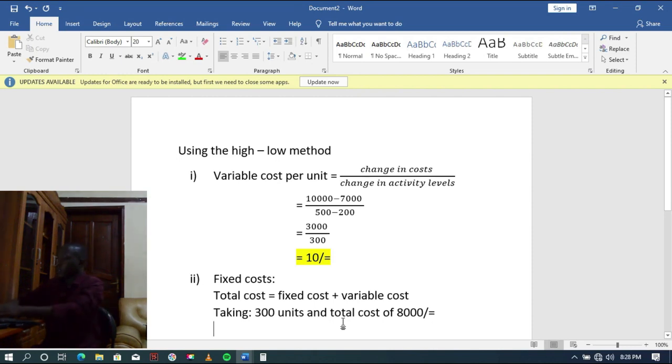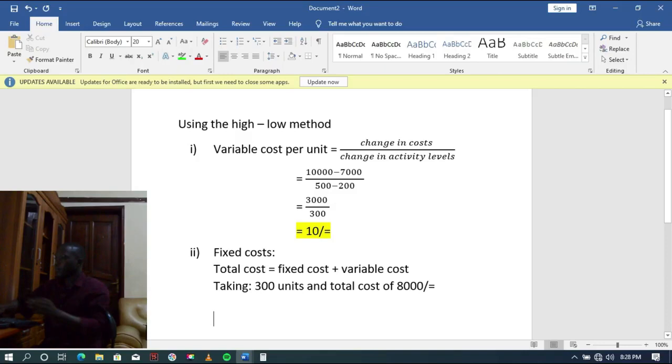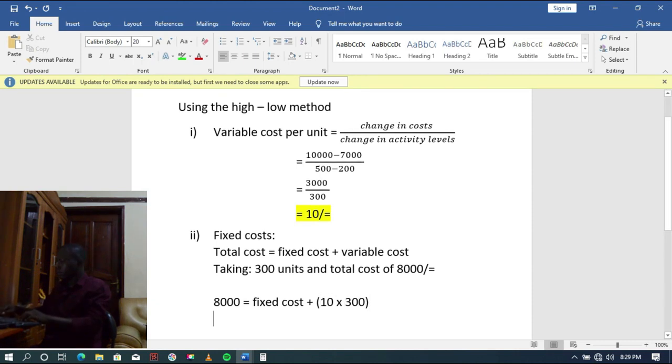For example, you can decide to choose 300 units against the cost of 8,000 shillings.